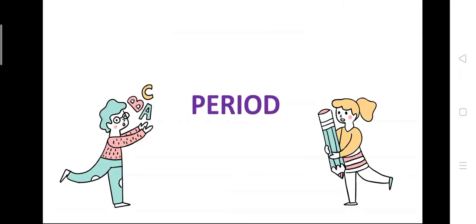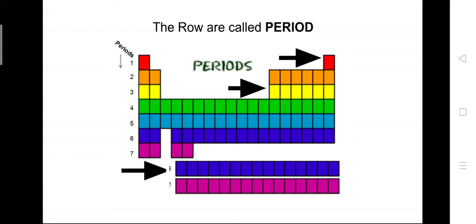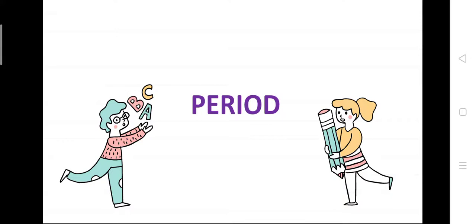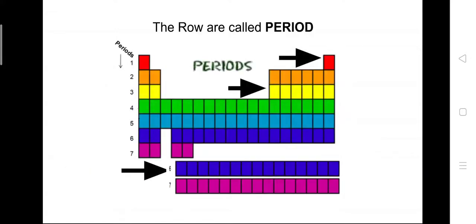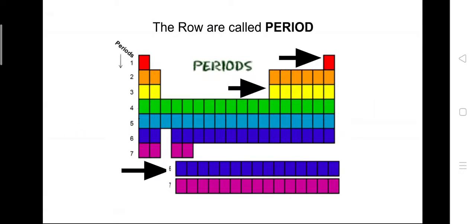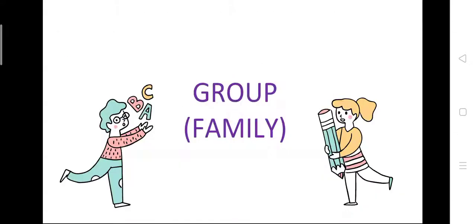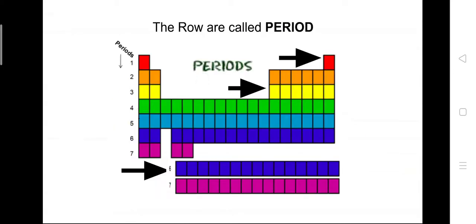Now let's see the period. What does period mean in the periodic table? A period is a row of the periodic table. So each of these rows is a period. The first one here on top is hydrogen, and then when you go down, there is the 2nd period, 3rd period, and 4th period.